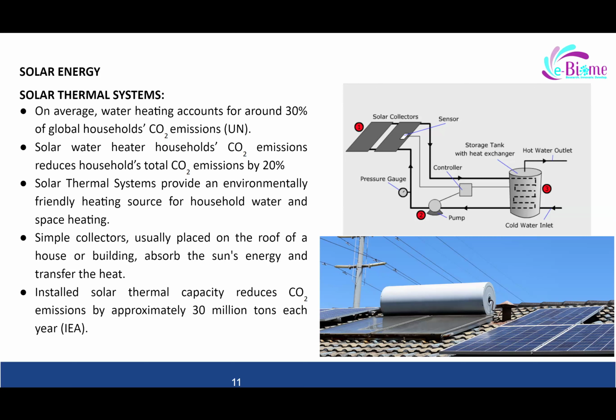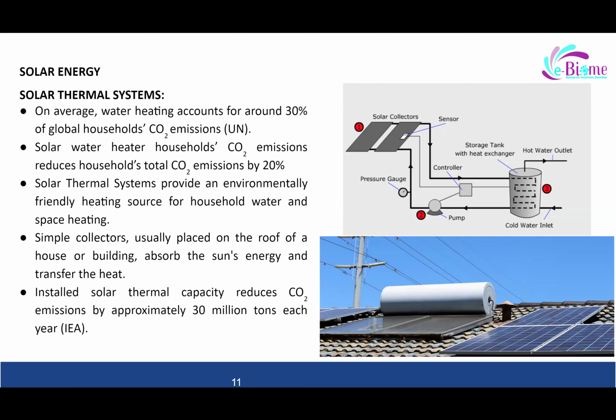It works using simple collectors, usually placed on the roof of a house or building. What it does is absorb the sun's energy and transfer the heat into the water system, which gets heated and can be used at home. Installed solar thermal capacity reduces CO2 emissions by approximately 30 million tons each year. That is according to the International Energy Agency.